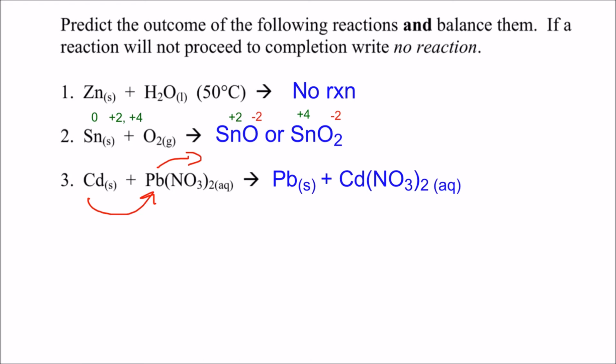Okay, now here this is aqueous because this was aqueous. Alright, so it's just continuing doing the same thing over and over again. You take the first element here and we're going to kick out the other first element if they're both metals. If we had a non-metal, it's going to kick out the non-metal, the anion.